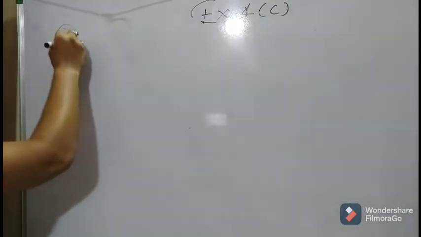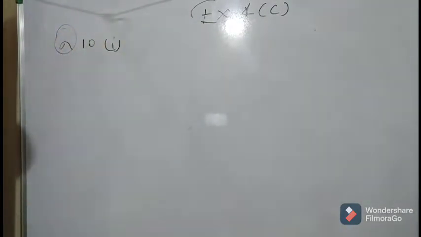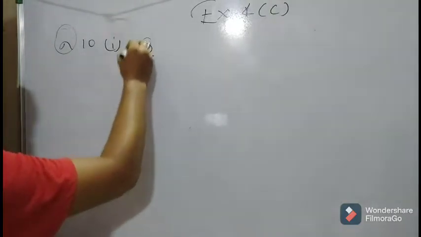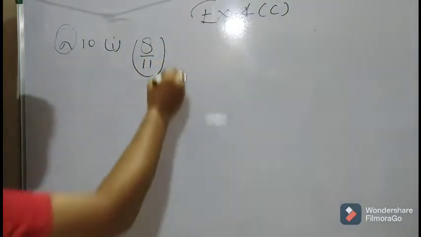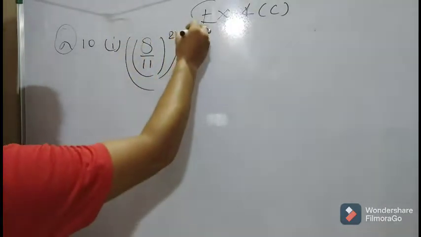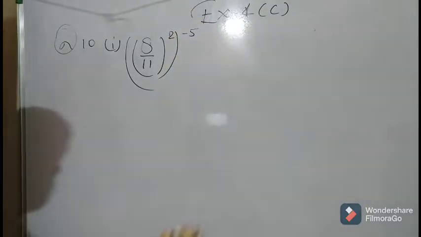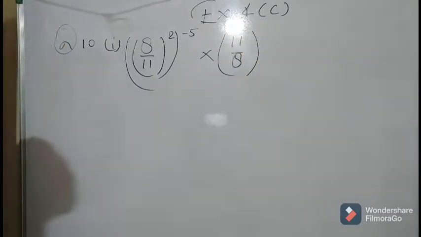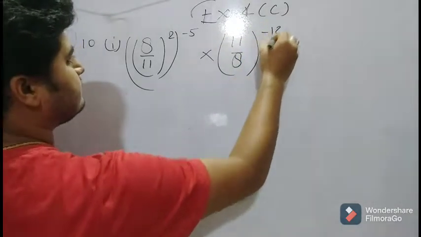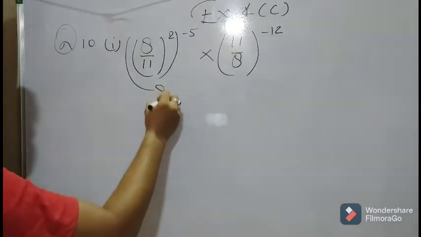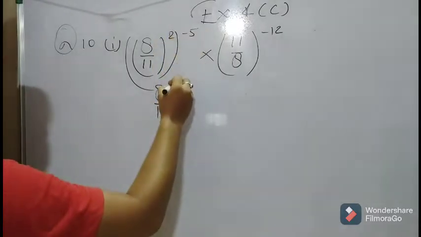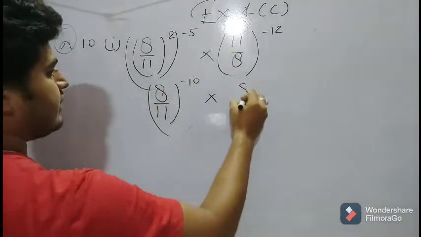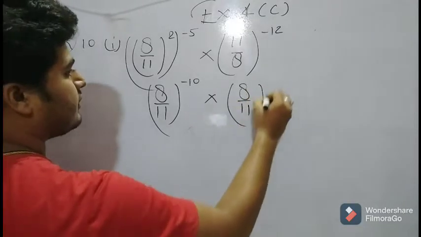Let us see question number 10. It is saying 8 by 11 raised to the power 2, raised to the power minus 5, multiplied by 11 by 8 raised to the power minus 12. So this will be written as 8 by 11, the powers will be multiplied, so 8 by 11 raised to the power minus 10, multiplied by 8 upon 11 raised to the power 12.